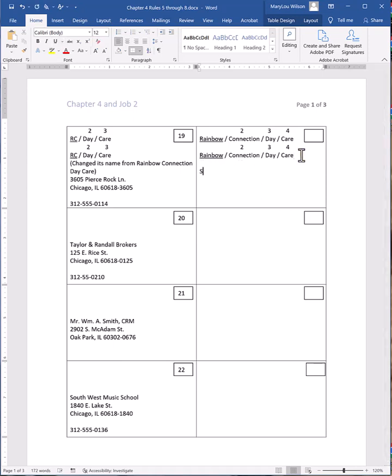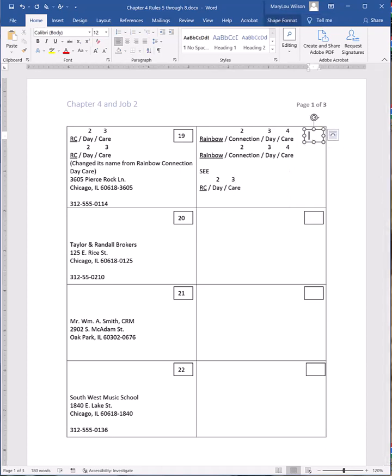So we've got to put our C in here and then tell folks where to go to find the information for this company. And it is RC Daycare. And then we're going to give it a number. The number is the original record number, 19, but we're going to put an X behind it.